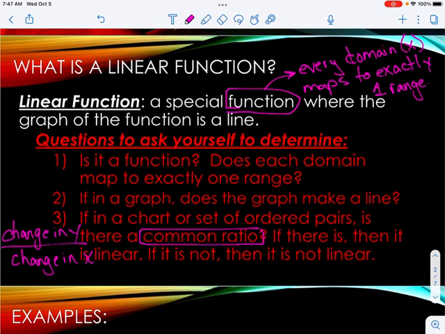Now, remember, when we change, we simply go high minus low, high minus low. So what we're looking for there is that ratio to be common between any two given points in the chart or the ordered pairs. Okay, now if there is a common ratio, then it is linear. If it is not a common ratio, then it is not linear. It still can be a function, it's just not a linear function.